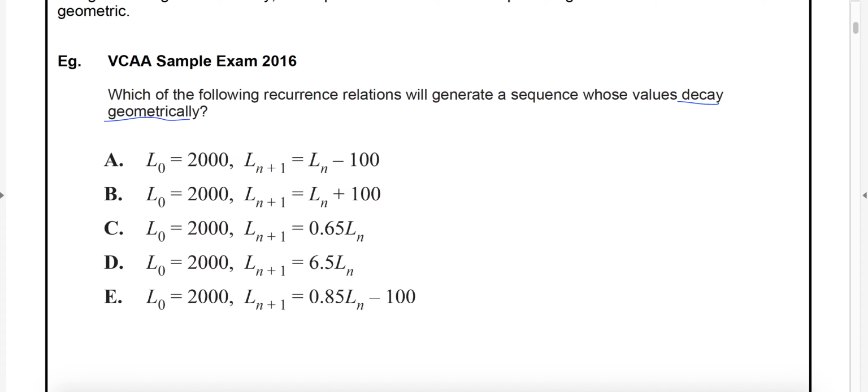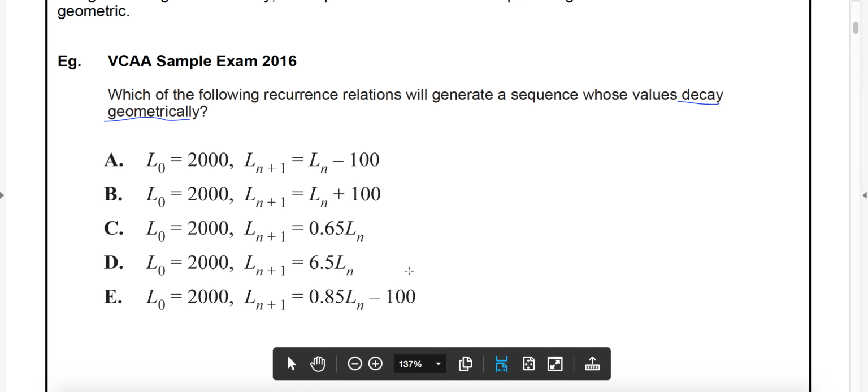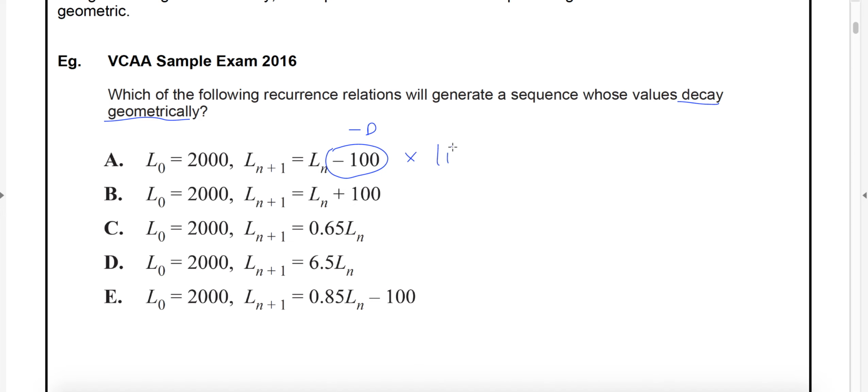First of all, let's eliminate ones that are clearly not true. If we want geometric decay, we don't want to see anything here that's linear. If you have a look at that one, that's subtracting D, in other words, that is linear, so that's not geometric, so we'll take that one out. The one underneath it as well is adding D, that's linear as well, so not geometric.